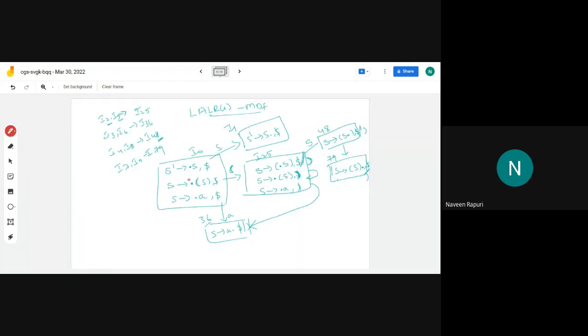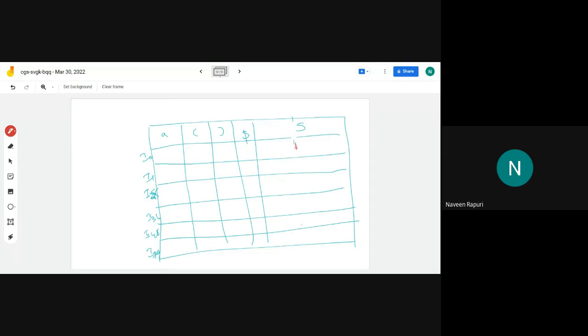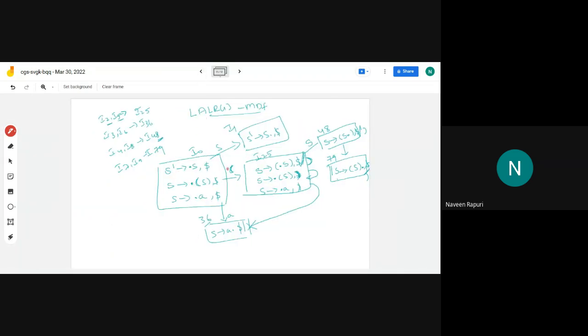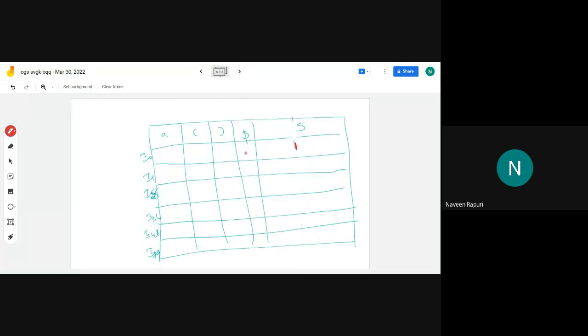So suppose if you see here, on S, we are moving to I1, sir. And on open parenthesis, we are moving to I25.